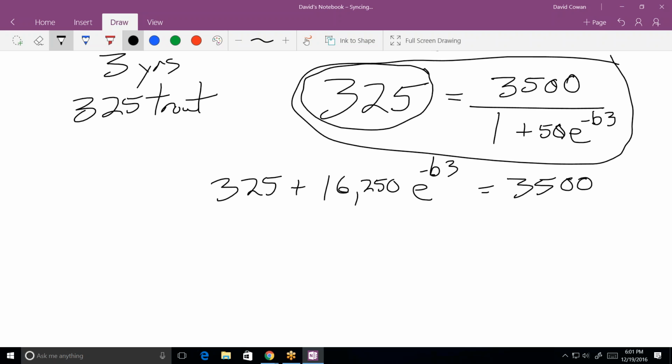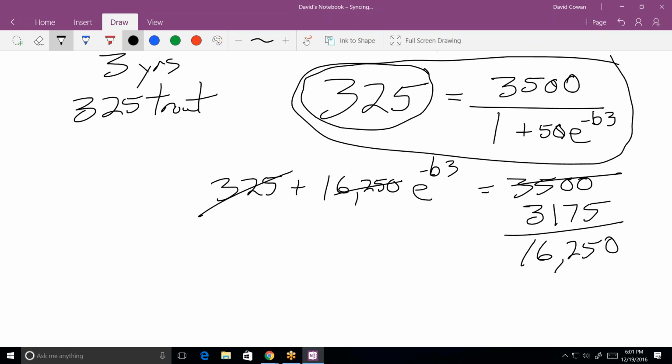Now what? Now subtract 325 from both sides. Okay, so that gives me 3,175. Gets rid of that. Now what? Divide both sides by 16,250. Gets rid of that.